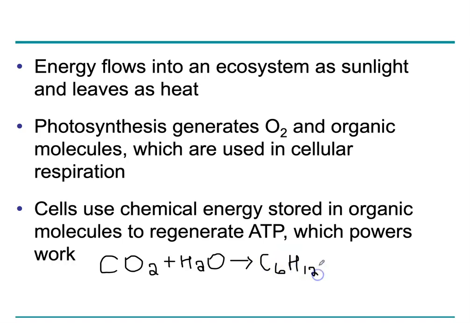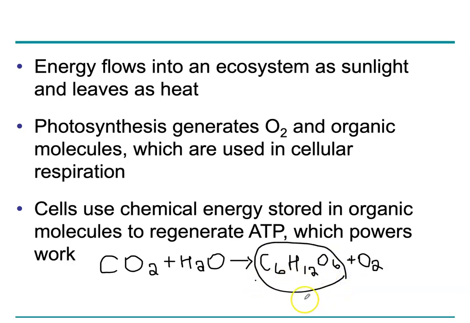So glucose is produced by plants. So this process would be an anabolic process because it is making something. And O2. And this is done in the organelle chloroplast.